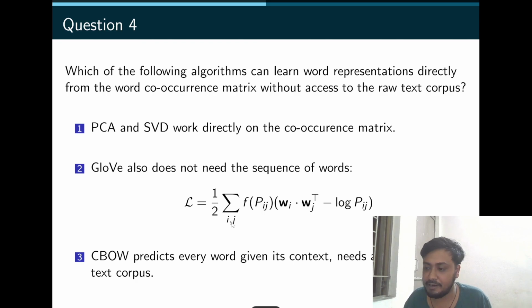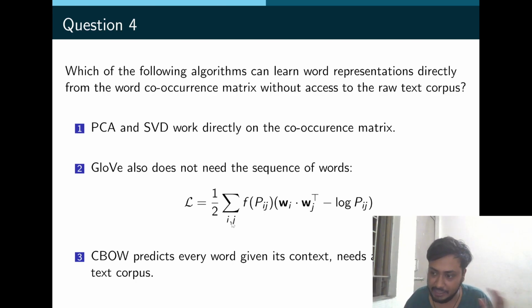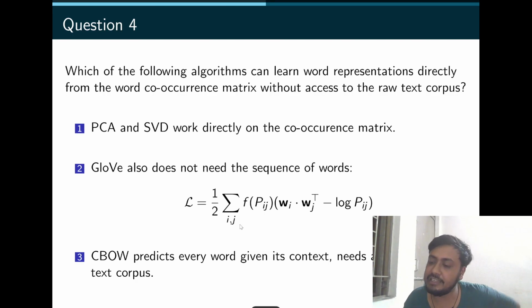But for CBOW and skipgram, you have to do the operation for every word in the sequence, as it is in the raw text. That is why CBOW and skipgram need the raw text, but GloVe does not. And PCA and SVD directly work on the co-occurrence matrix.